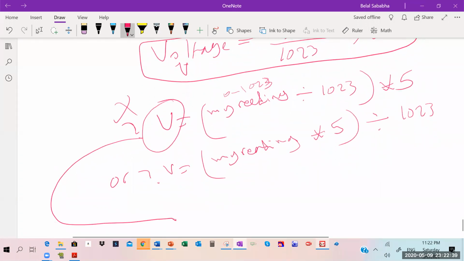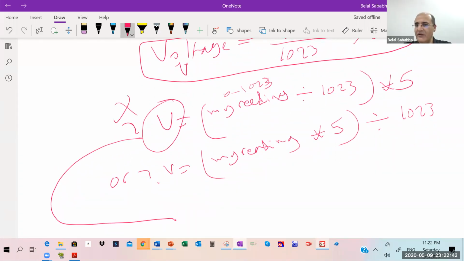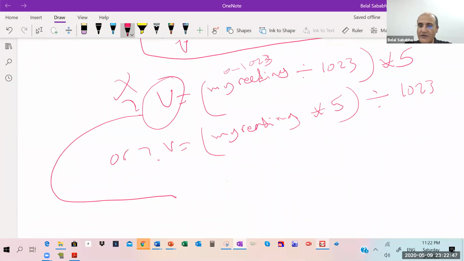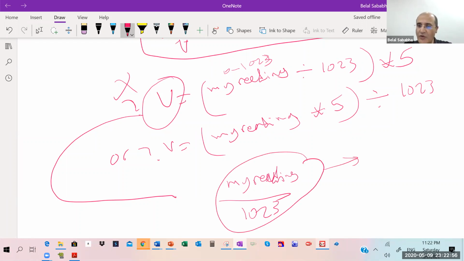So it's all the time less than 1023, right, except when it becomes 1023. So my reading divided by 1023 is going to be always 0, except when my reading equals 1023.